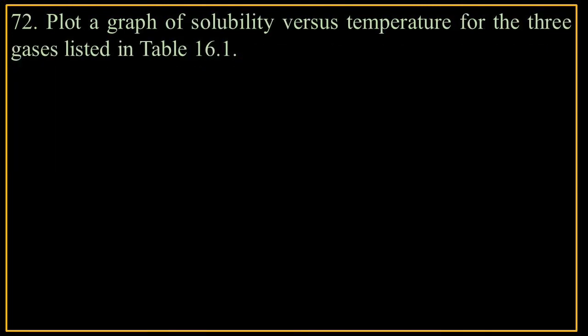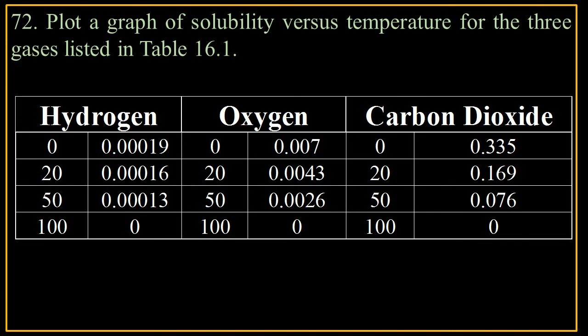Plot a graph of solubility versus temperature for the 3 gases listed in table 16.1. So what I did on the next slide is I put the table of the 3 gases and the solubility.